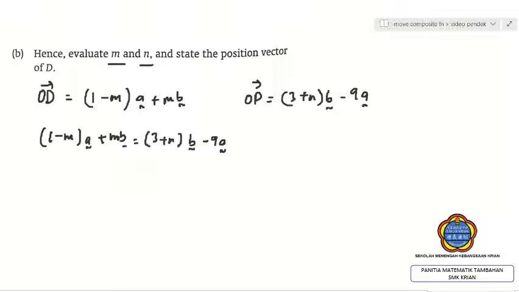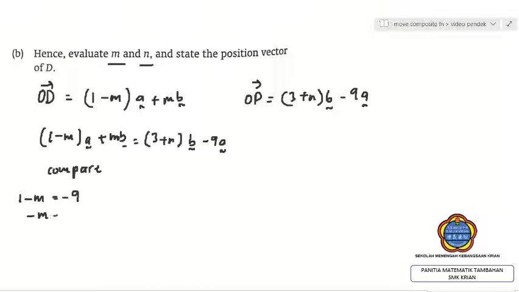So what to do is compare vector A and vector A coefficient, vector B and vector B coefficient in the left and right side. 1 minus m for vector A is equal to negative 9 for vector A. Coefficient of vector A, 1 minus m is equal to negative 9.